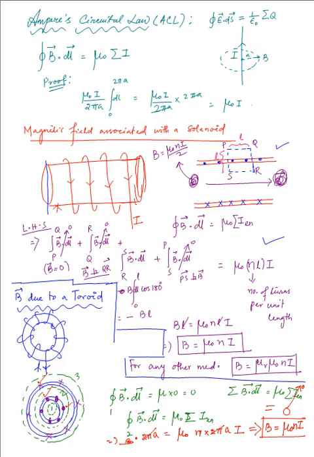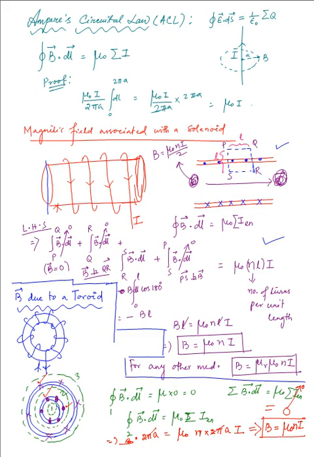So the expressions of the field intensities within the solenoid as well as that in case of the toroid are the same, exceptions being that the end points of the solenoid have half of that value, but there are no endpoints in case of toroid.